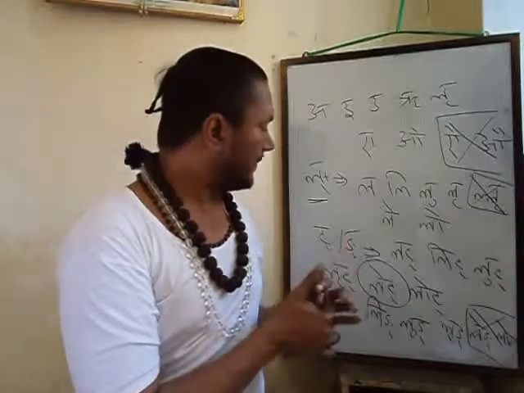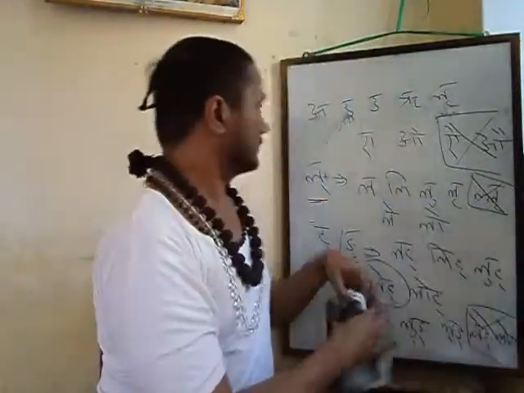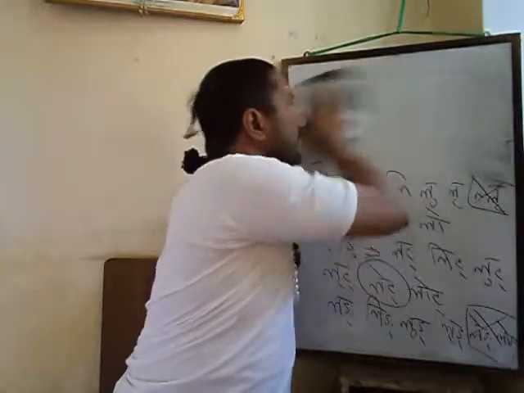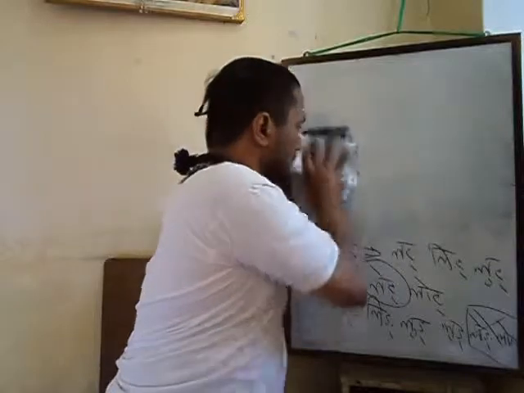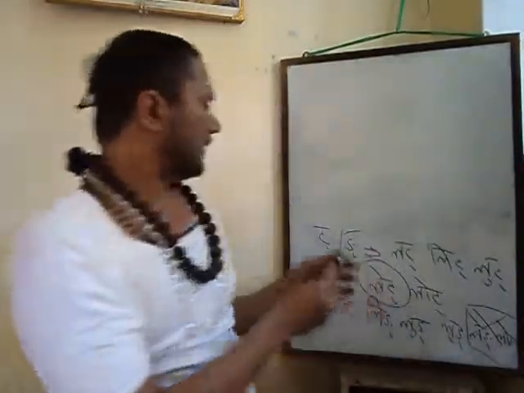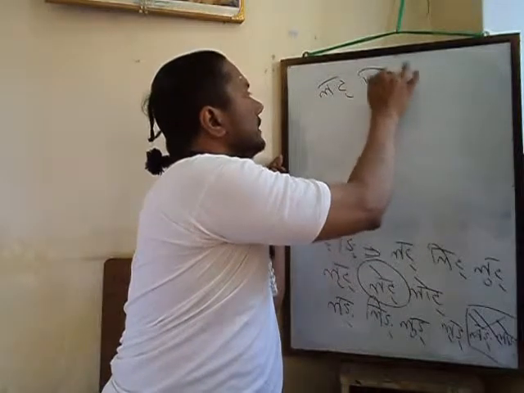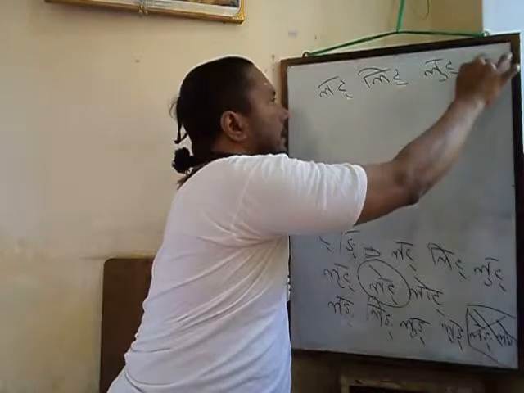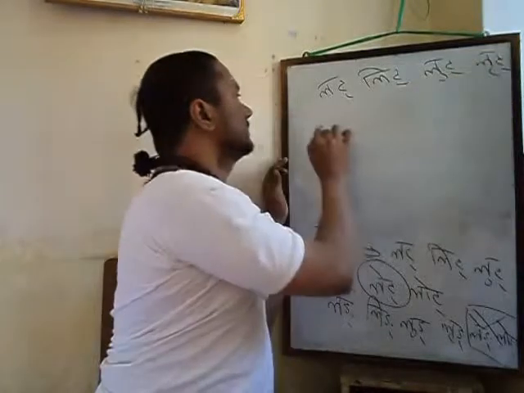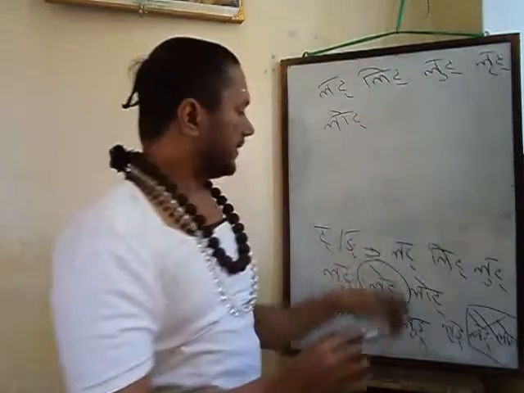So now when we remove that, we have Lat, Lit, Lut, Rit, Lot. I have removed Late.